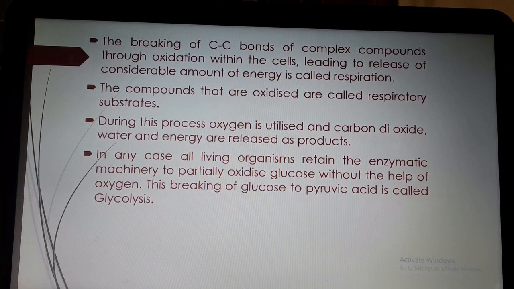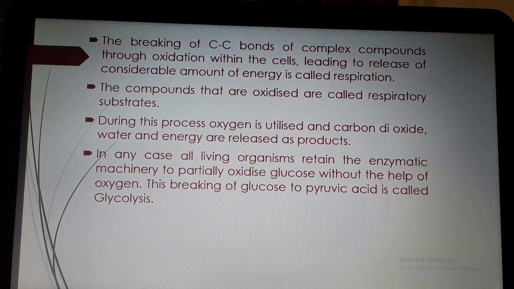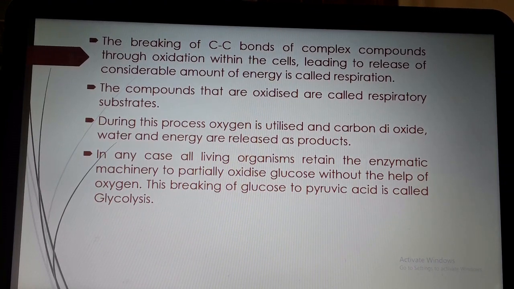Now focus, in any case, all living organisms retain the enzymatic machinery to partially oxidize glucose without the help of oxygen.